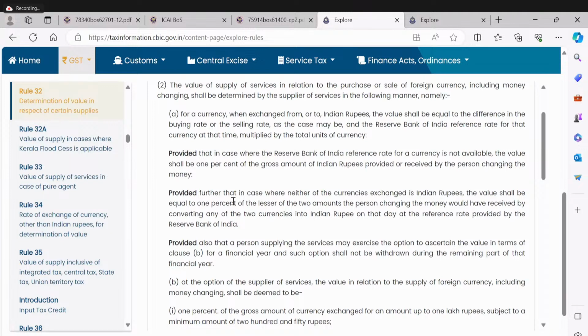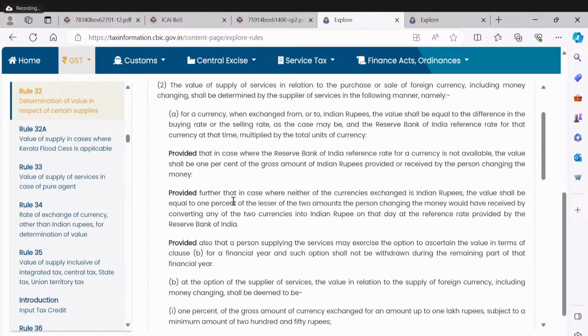Then we have another case where neither of the currencies exchanged is rupees. For example, we have given US dollars in exchange for UK pounds. Now we had US dollars with us, and now we want pounds. So we have exchanged dollars for pounds, and the rupee did not come into purview in between.